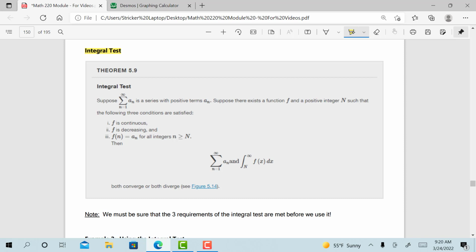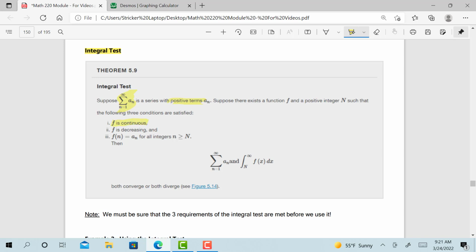It says in the integral test, suppose that our infinite series, a sub n, is a series with positive terms, a sub n. So that's important. It's got to have all positive terms. Suppose that there exists a function f and a positive integer n such that the following three conditions are satisfied. First, our function has to be continuous.